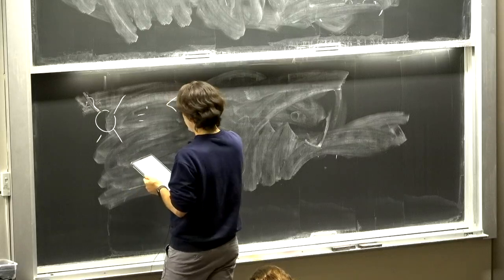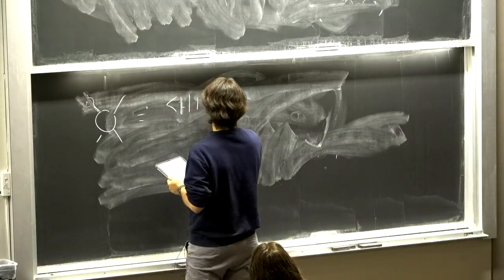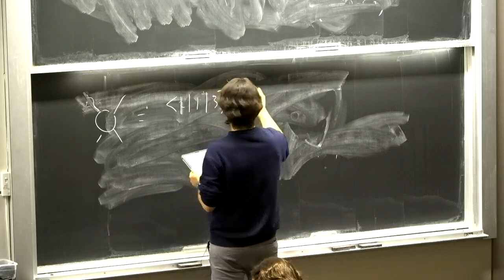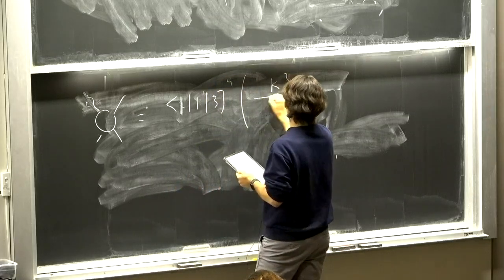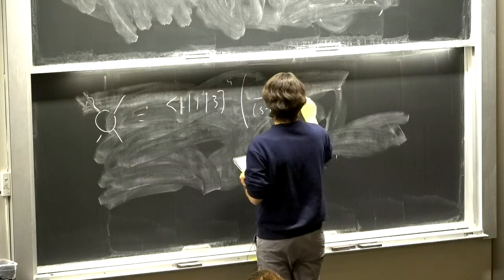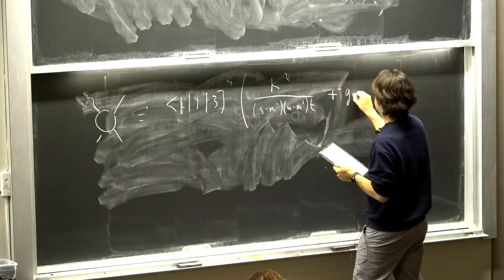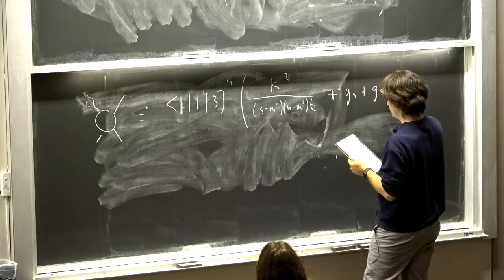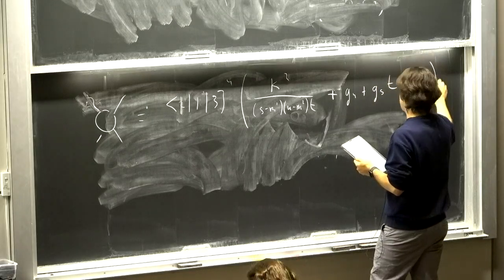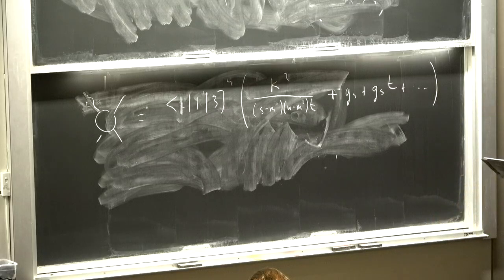There was something like 2, 1, 3, where these were divided by the right power of the UV cutoff.